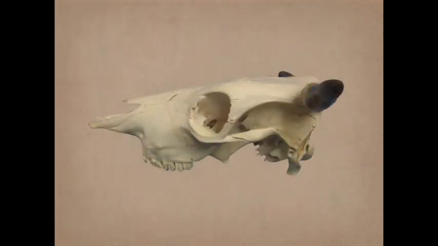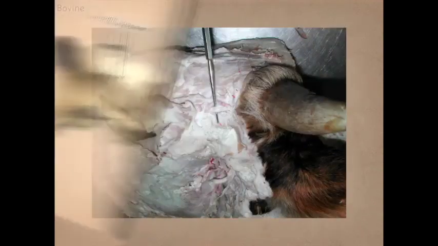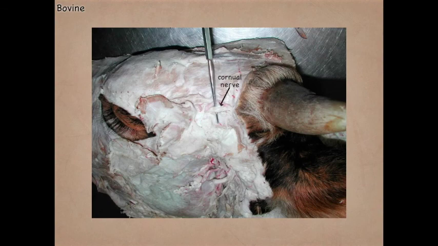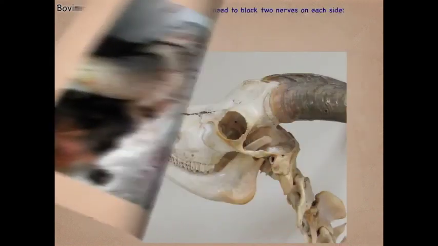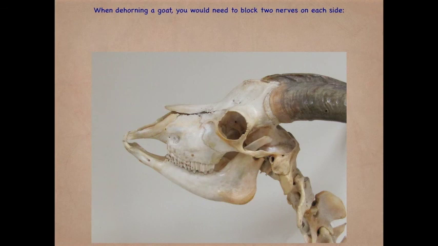So here on the bovine skull, we identify the temporal line. Just ventral to that temporal line, we're going to find the cornual nerve as well as the cornual artery. Now, something to remember when you're dehorning a goat, you need to block 2 nerves on each side.